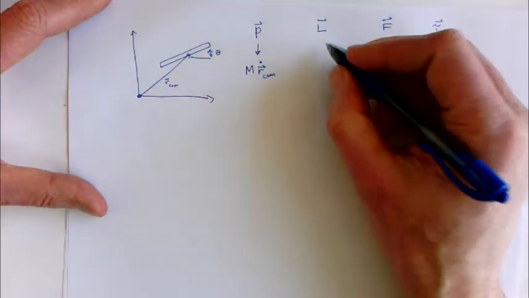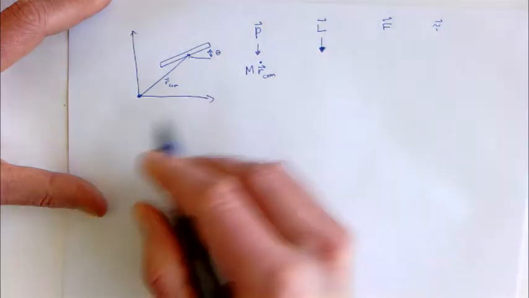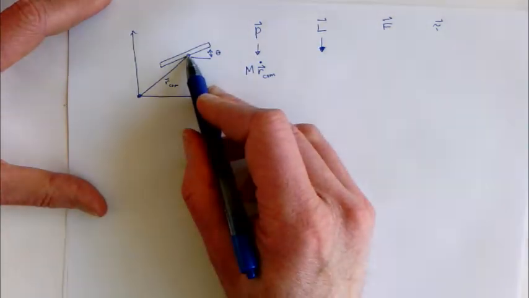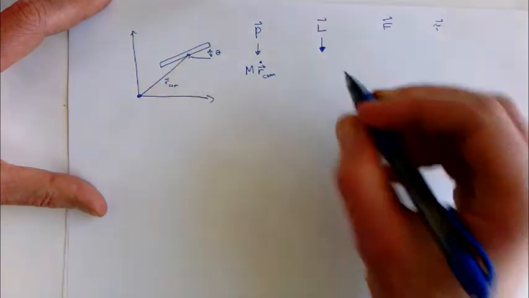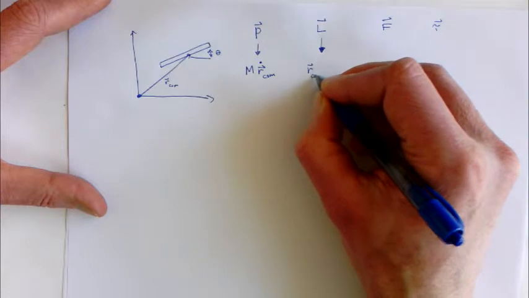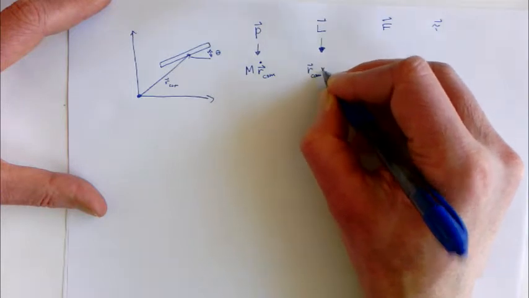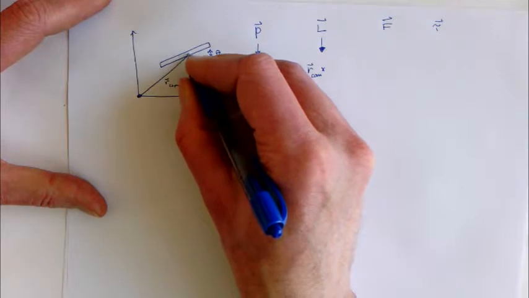Now, angular momentum is maybe a little bit more challenging to think about in this case. For this coordinate system, this is a body that's both rotating, spinning around, and also moving. So for angular momentum, we actually need 2 components. One component is the angular momentum due to translation of the center of mass.